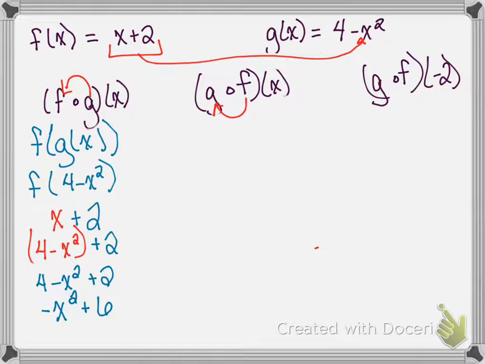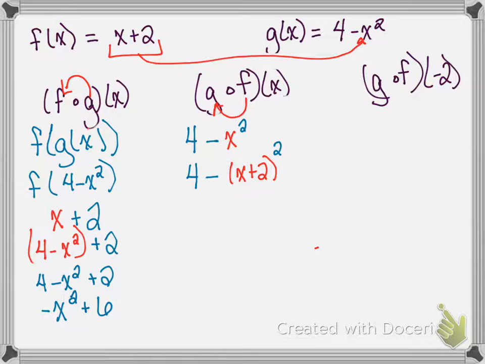So for g composed of f, I have 4 minus x squared. So I am replacing the red x. That's what I'm replacing. So I have 4 minus x plus 2 squared. Okay? So I took f of x and I put it into g of x. g composed of f.